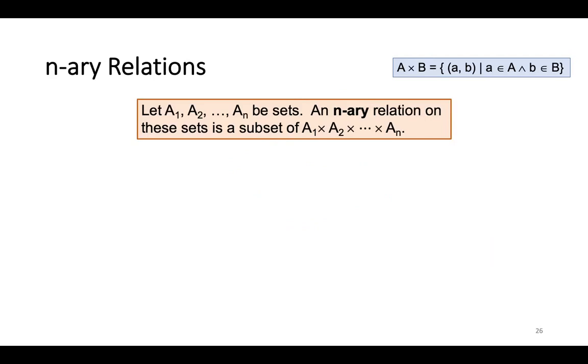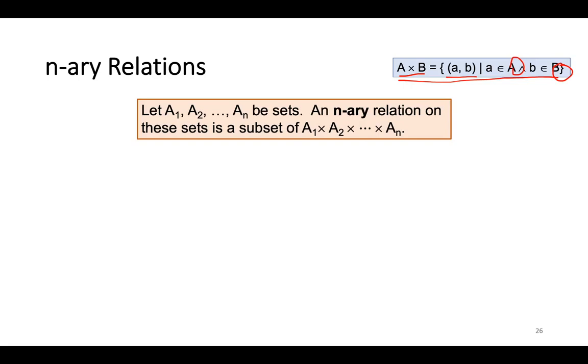There's another relation. We have seen binary relation, which is about the Cartesian product. Here you have two sets, and there is a Cartesian product, and you can make a pair like this. But if you have multiple sets, you can make unary or n-ary relations, binary or ternary, all kinds of relations using it.